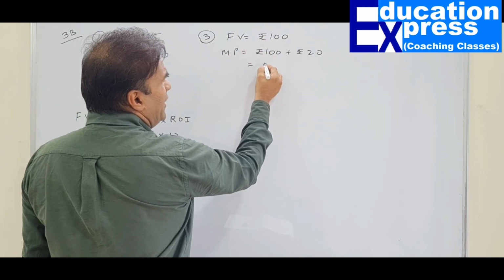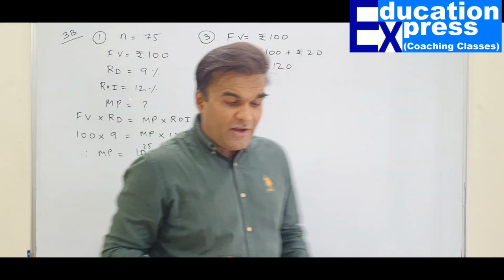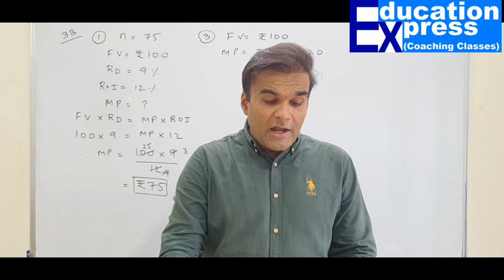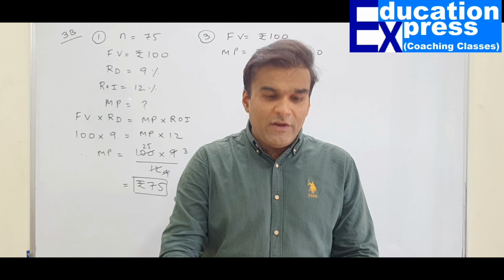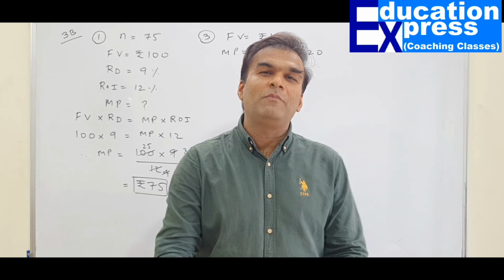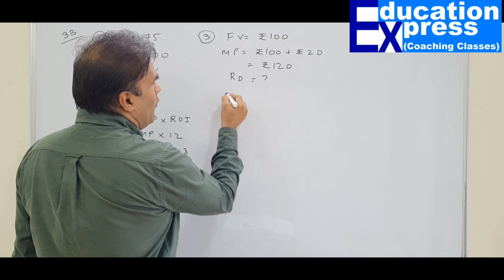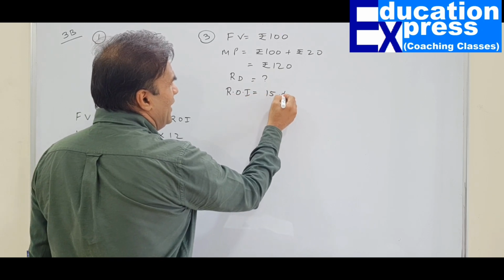Face value is 100, so the market price of the share would be 120. I read this again: find the rate of dividend given by the company when a man's return on his investment is 15%. Find the rate of dividend when return on investment is 15%.